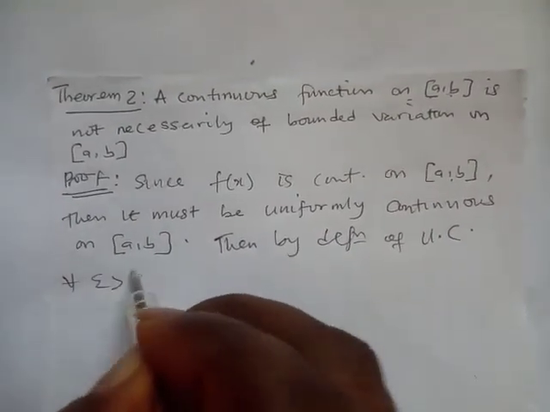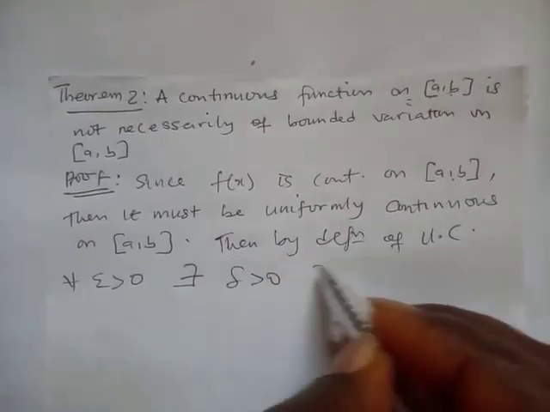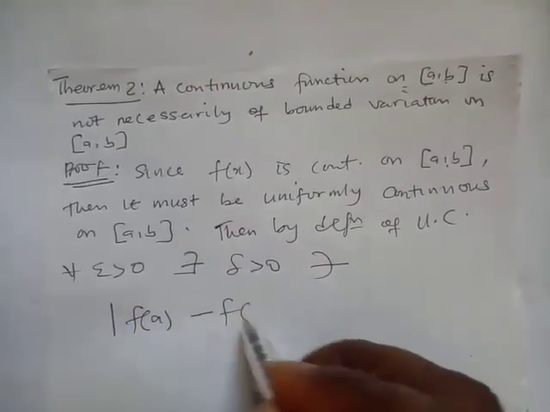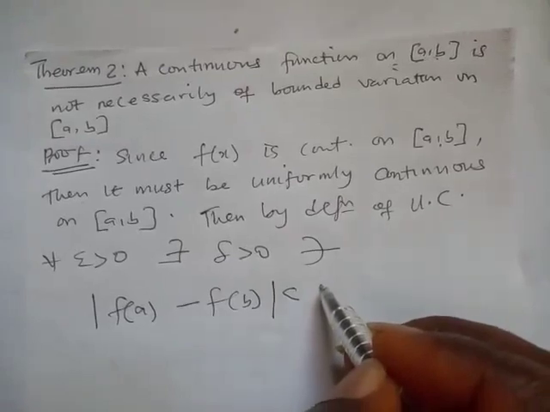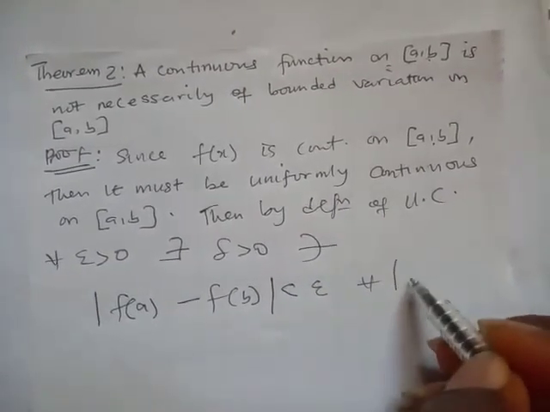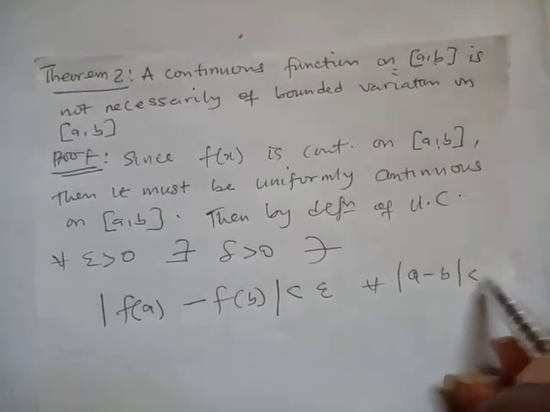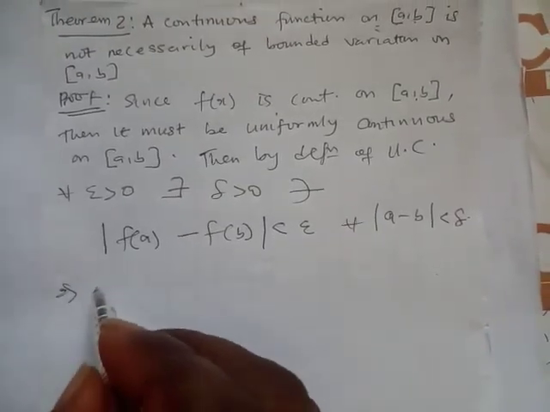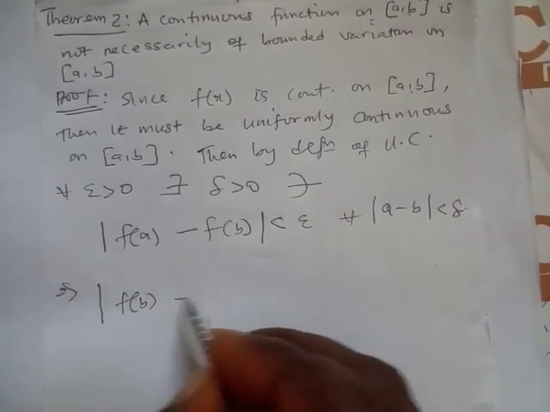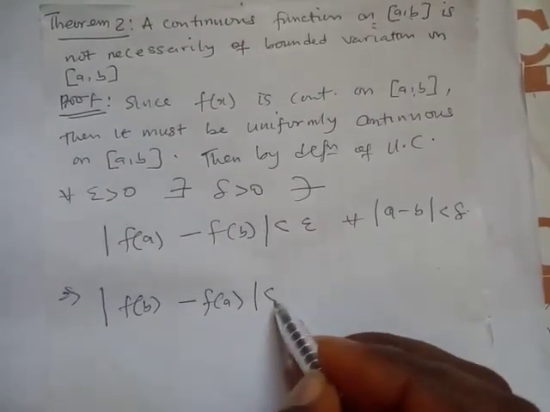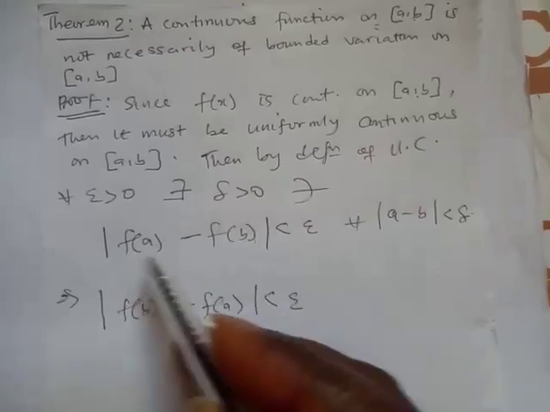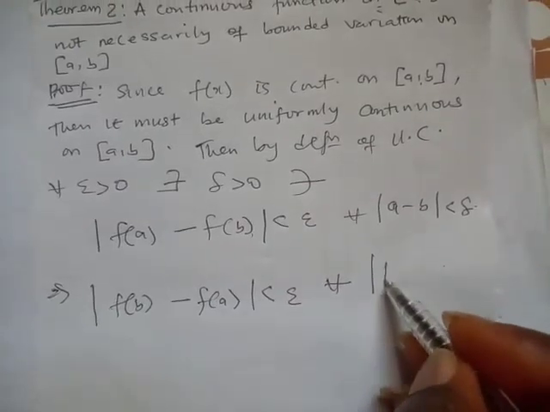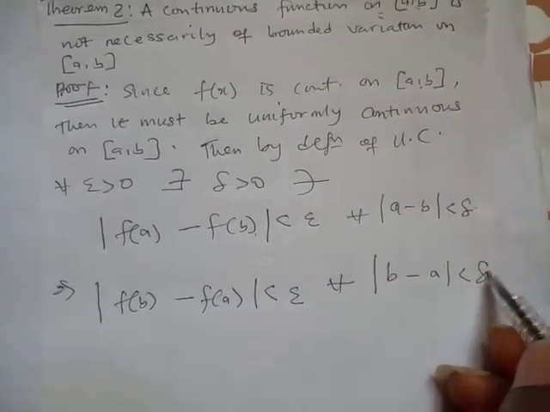For every epsilon greater than 0, there exists delta greater than 0, such that the absolute value of f of b minus f of a is less than epsilon for all b minus a less than delta. Since it is inside the absolute value, I can rewrite it like this, for all b minus a less than delta.